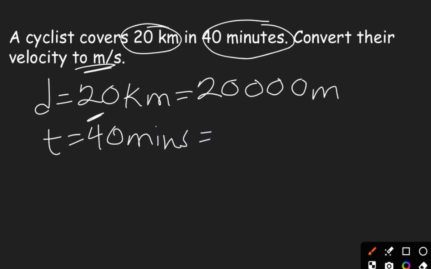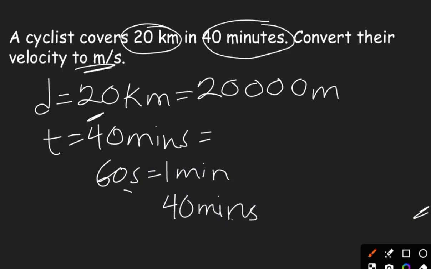Now 40 minutes to seconds, 60 seconds equals 1 minute. So in order to be able to do this, what you do is multiply 40 by 60.